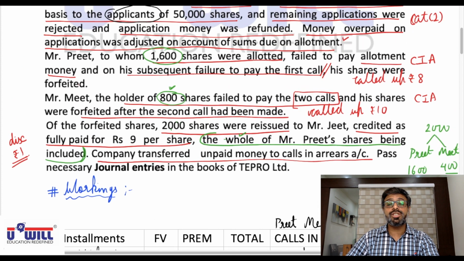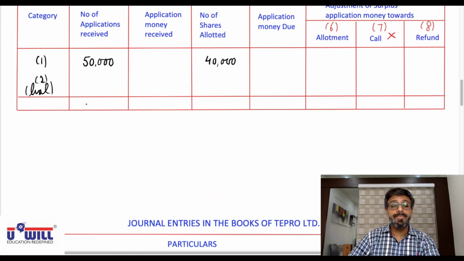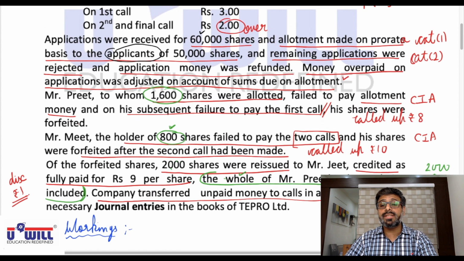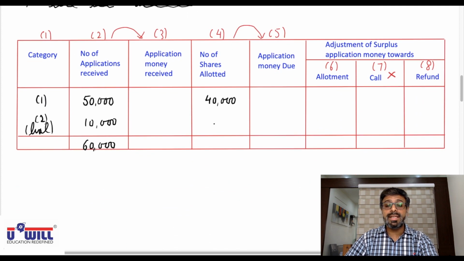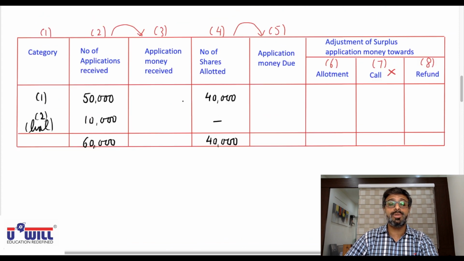Total how many applications are received? 60,000. 60,000 minus 50,000, balance category 10,000. Now remaining applications, see here, remaining applications were rejected and application money was refunded. So for this 10,000 shares, no shares are allotted, total 40,000.